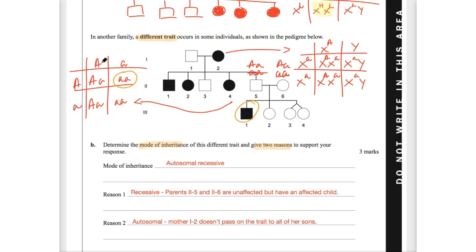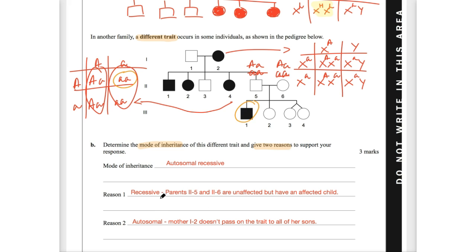If you look at this monohybrid cross that I've just done, we know these are 2 heterozygous individuals who don't have the trait. But when we perform this cross, 50% wouldn't express the trait, but 50% would. And that is the reason why this individual, III number 1 of the offspring, expresses it.